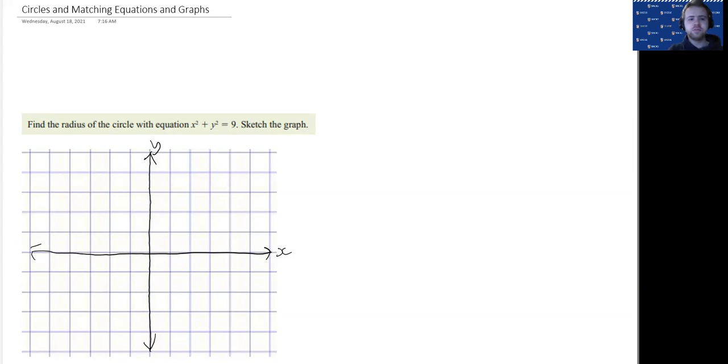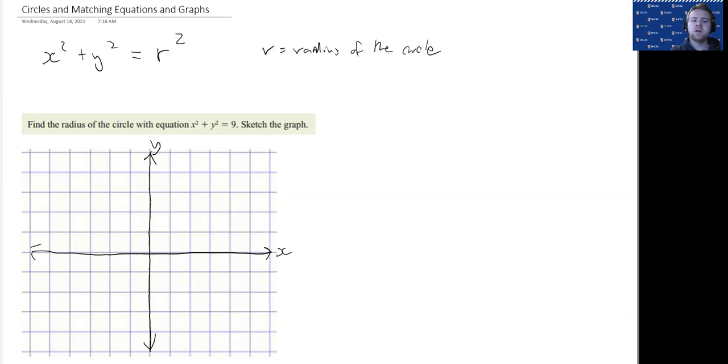So for a circle, the general equation is x squared plus y squared equals r squared, where r equals the radius of the circle.